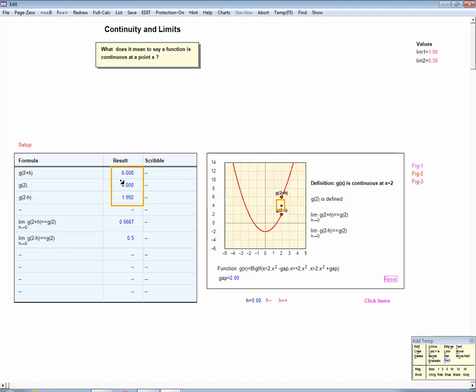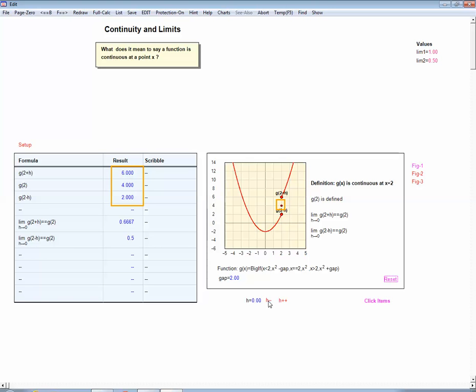And this one in the middle is the value of g of 2. Clearly they're not the same. But let's make h even smaller and watch the upper and lower limits. They will eventually approach numbers. If we looked at more decimal places, they wouldn't be exactly 6 and 2, but we can get them as close to 6 and 2 as we want by making h smaller and smaller.